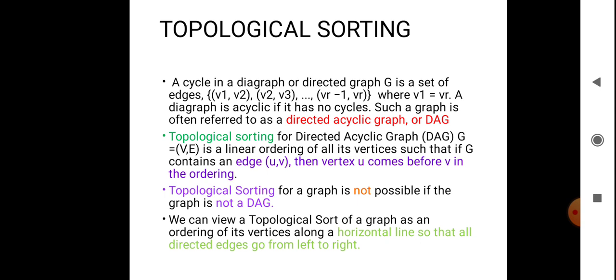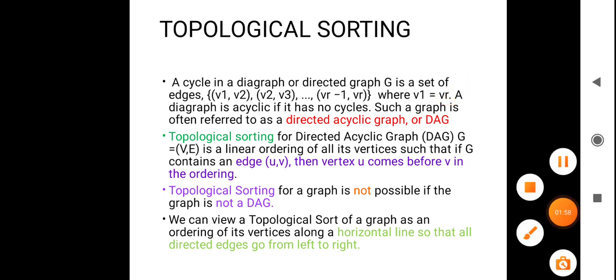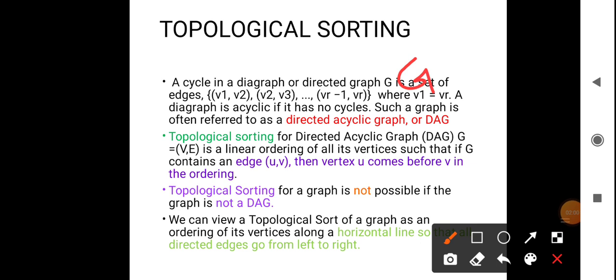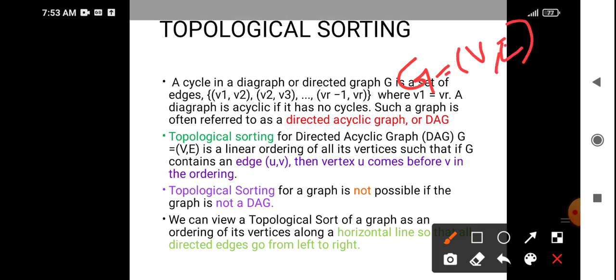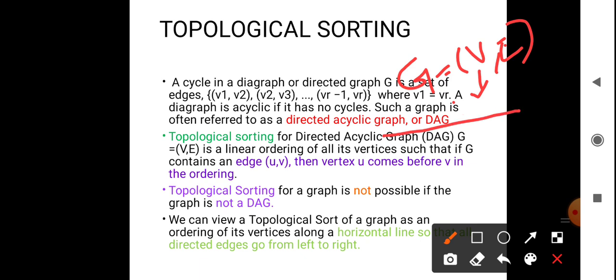Then what is topological sorting? Suppose there is a graph G, which consists of vertices V and edges E. We arrange all the vertices of the graph in a linear ordering, that is, in a horizontal line from left to right, say V1, V2, V3.